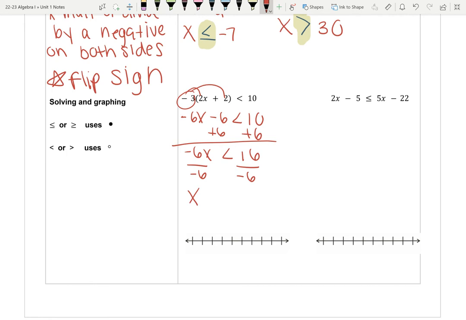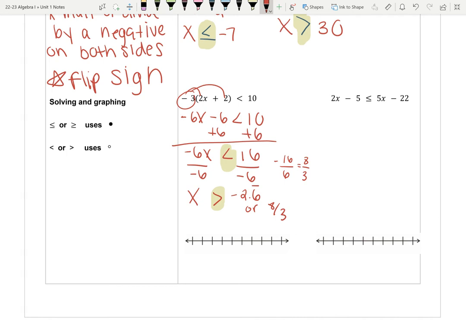Now remember, because I just divided by a negative here, I'm going to have to flip my sign to go the other way. And then 16 divided by 6 does not work out evenly. It's approximately negative 2.6 repeating, or you could simplify it down. So I could take 16 over 6 and make it 8 over 3 by dividing by 2 on the top and the bottom. So you could do this, or you can do 8 over 3.